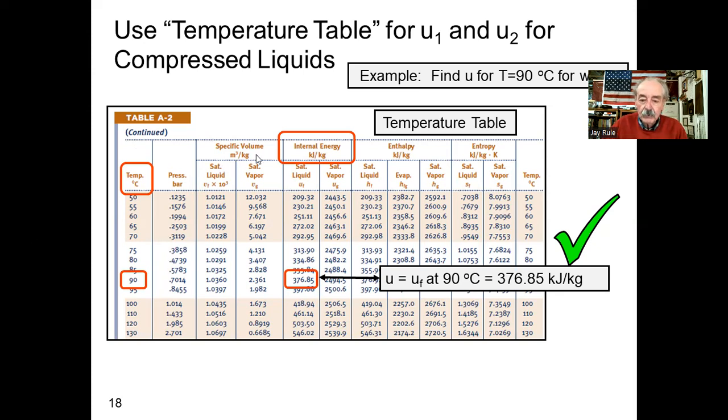This is the point where you go to the temperature table and you look up u sub f. That's the internal energy of the saturated liquid, u sub f, at the temperature of the liquid, 90 degrees C. Numerically for this example, if this is u1, u would be u sub f at 90 degrees C, or 376.85 kilojoules per kilogram.